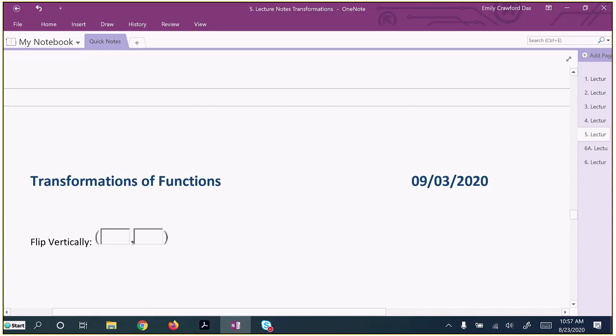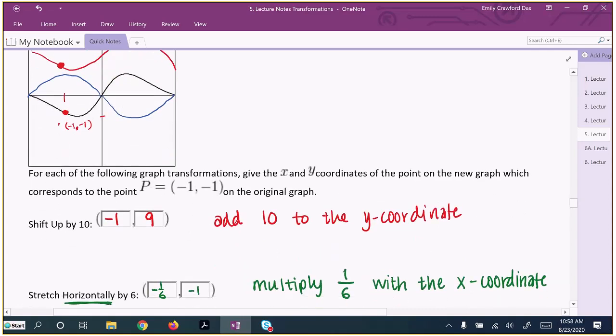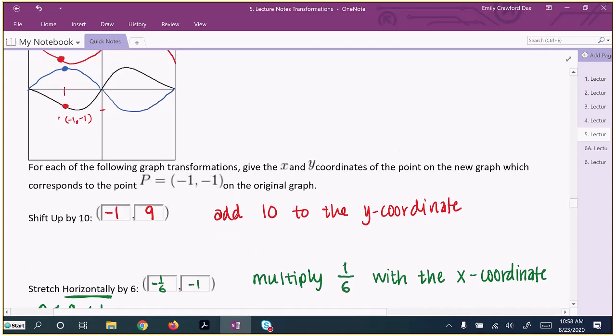And flip vertically is our final transformation. So to flip this graph vertically, we would see that it should get this shape now. So what happens to this point, -1, 1? Now it's here. Again, I would ask myself, did the x-coordinate change or did the y-coordinate change? Clearly, only the y-coordinate changed. And how did it change? Well, it just changed signs. It went from being -1 to +1.